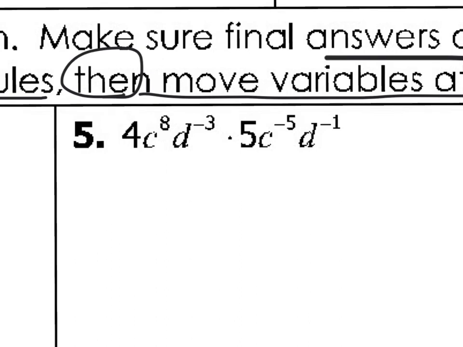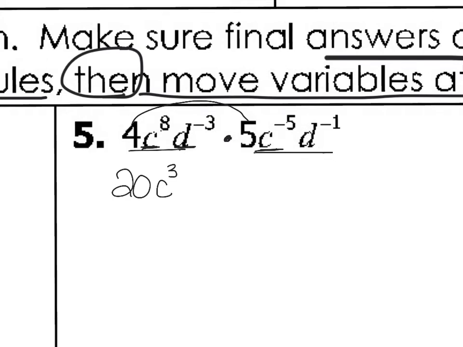All right, so we're multiplying this to this. Let's multiply our numbers. 4 times 5 is 20. And then my c's: we've got c to the 8 times c to the -5. We're adding our exponents, so that'll give me c cubed.